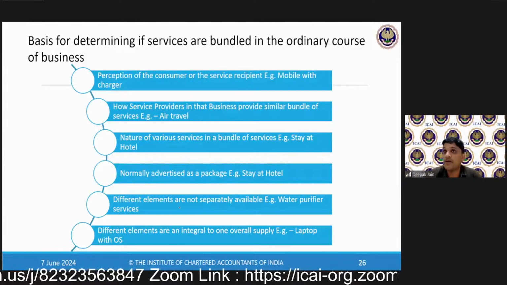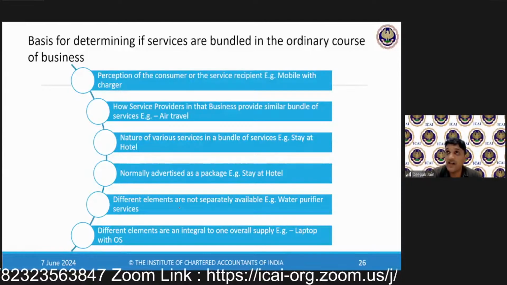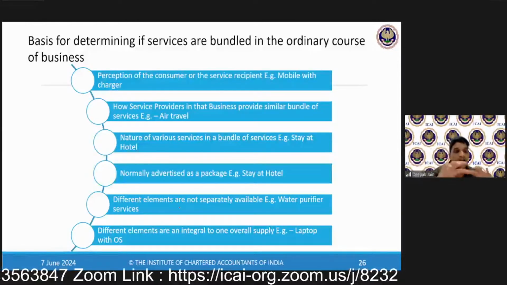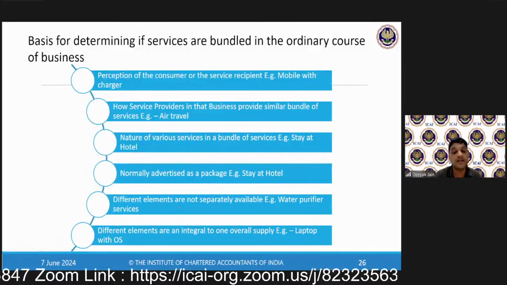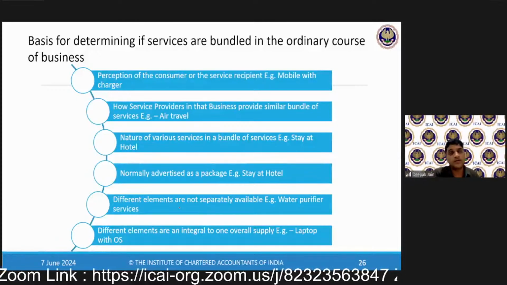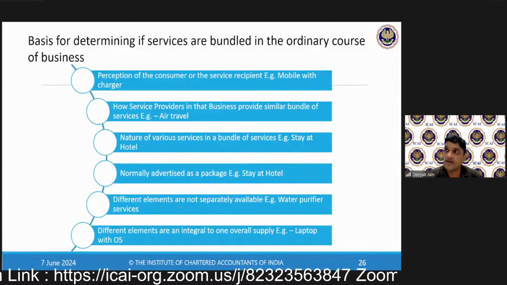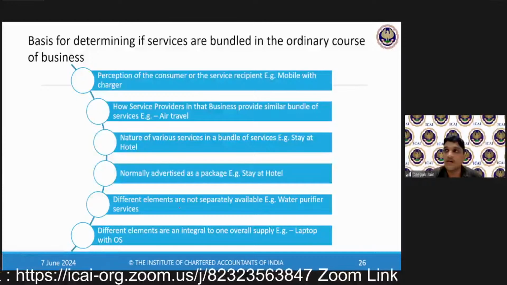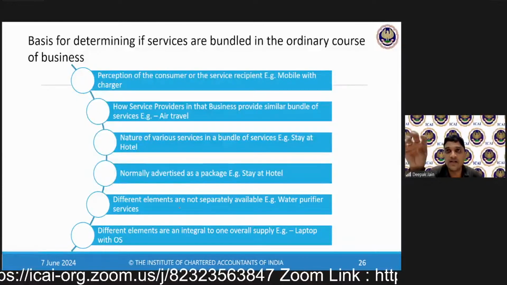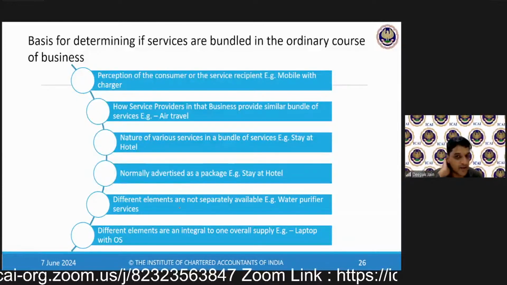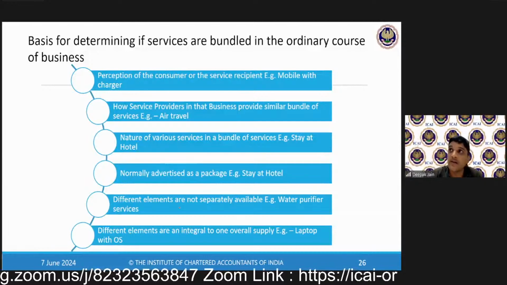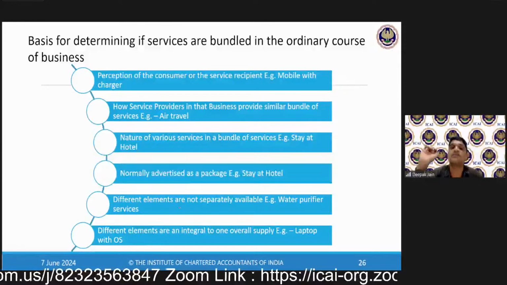If there is some other repair for which the parts are not available with him and you're buying them separately, then they are different supplies. But in case of a water purifier, the water purifier person comes, does the cleaning of the AquaGuard. If any part goes, he will replace it and give you a consolidated bill. What is the principal supply there? Purification, not replacement of the parts.